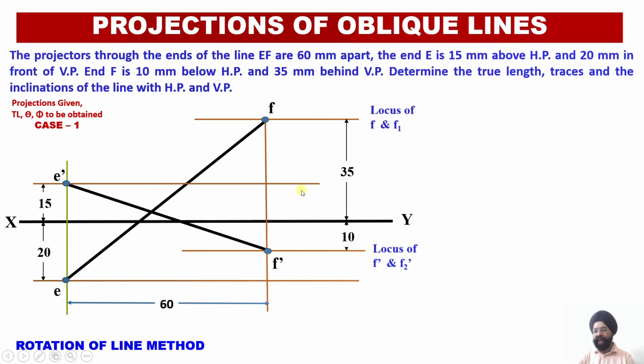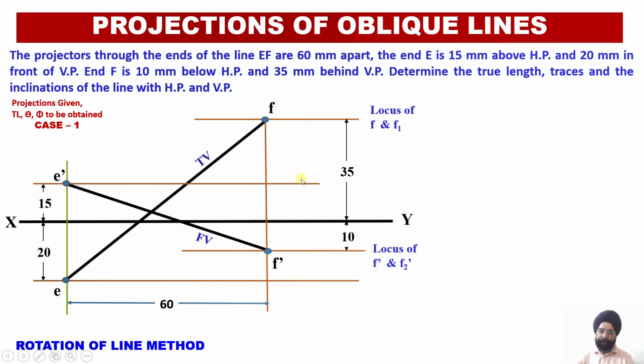Just see, I may rotate my front view to make it parallel to VP, and then from here I'll draw a perpendicular projector onto the plan view over here. So this will give me my true length point over here. Similarly, this is my plan projection. So what I can do, I will pick up my needle over here and pencil will be here. I will be rotating this apparent length. This is my apparent length.